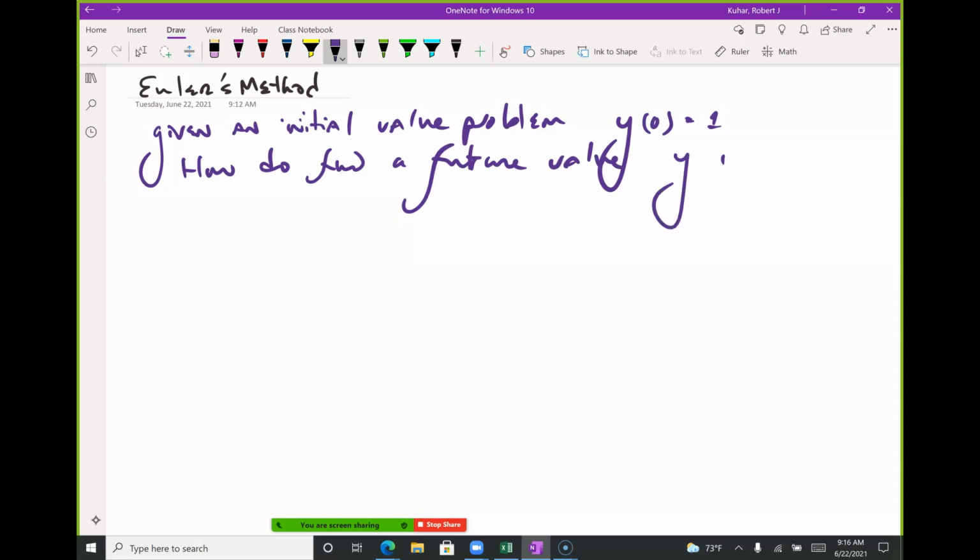Right, like y of 1. And that's typically what I do on every question, every test. I give you y of 0 is 1, and then ask you to find y of 1. And so we were working on a problem the other day. Let's change it just a little bit, right? And see what happens here.